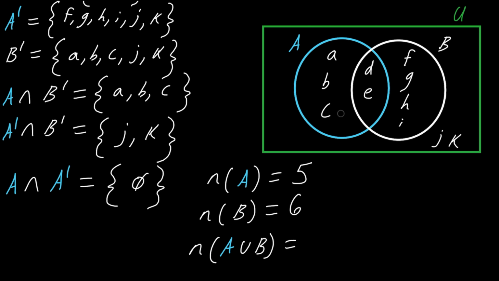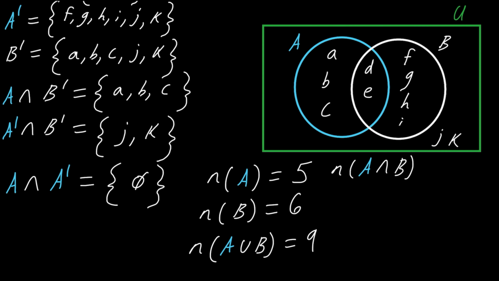All right, so we just count 1, 2, 3, 4, 5, 6, 7, 8, 9. What about the number of A intersecting B? Well, again, that's that little football area right over here. That's going to be D and E. There are 2 elements, and so the number of A intersecting B is 2.